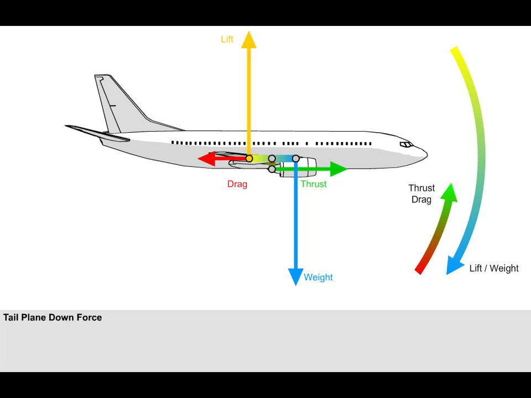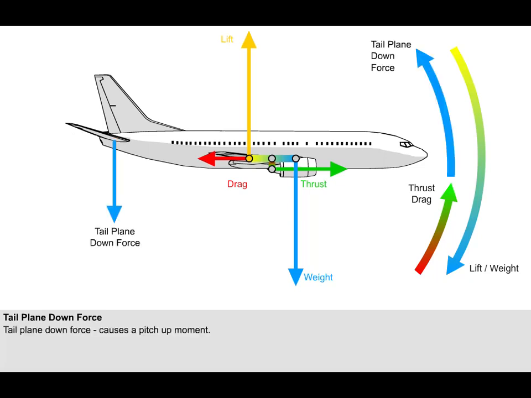The horizontal stabilizer, or tail plane, must be set at an angle which will cause a nose-up pitching moment to balance the aeroplane, or, more commonly expressed, to trim the aeroplane. Notice that now the nose-up and nose-down pitching moments are in balance and level flight is possible. The downforce generated at the tail is called tail plane downforce or tail load.